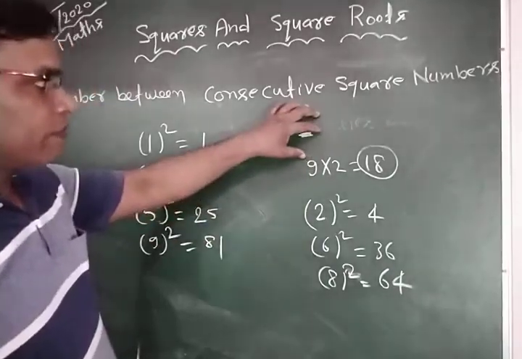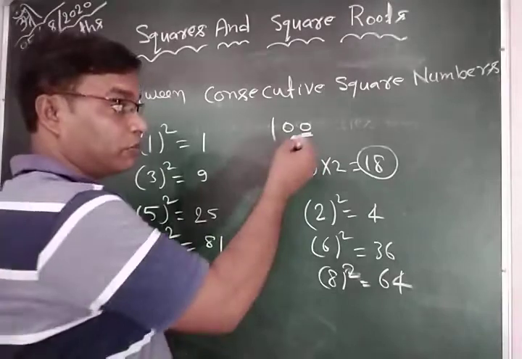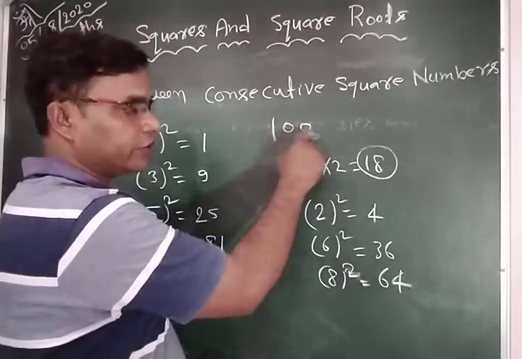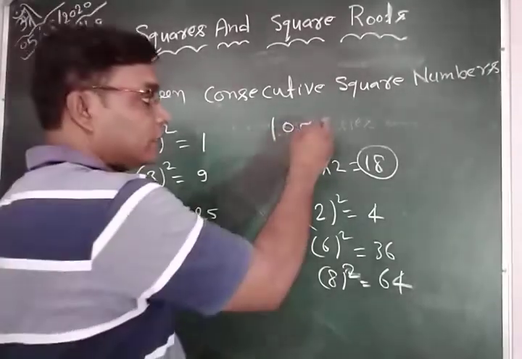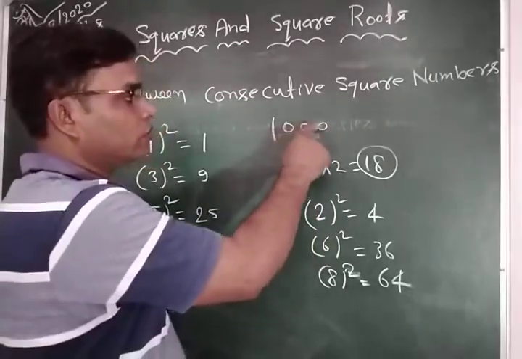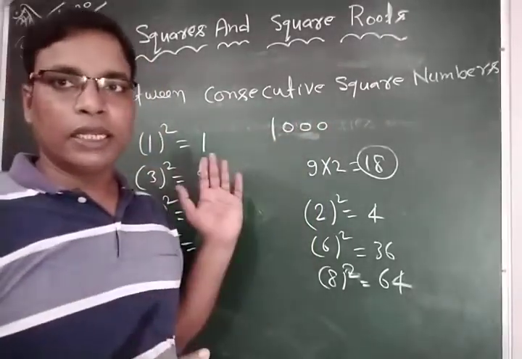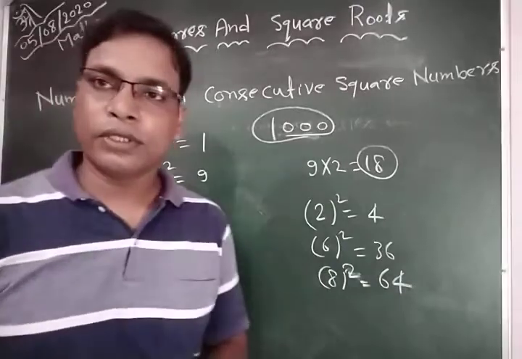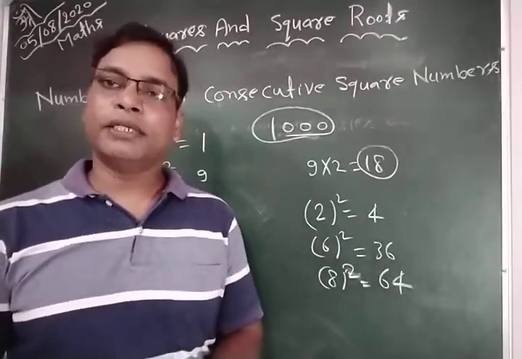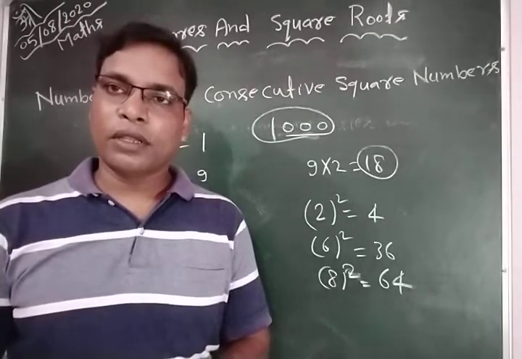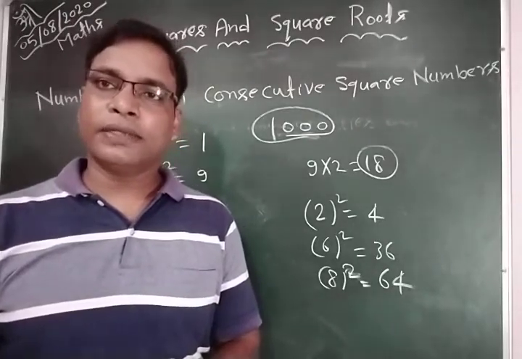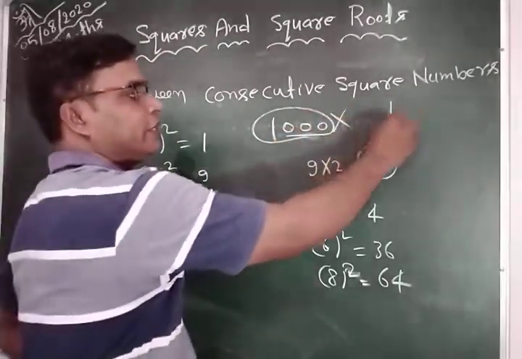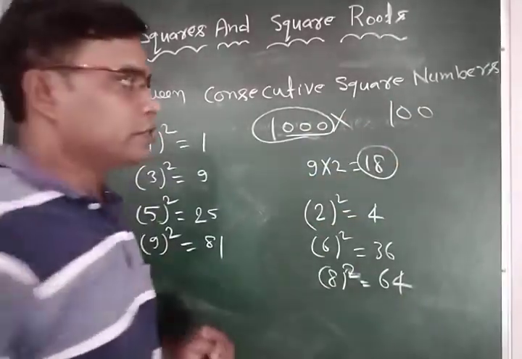So this is a perfect square, because the number of zeros is even. If the number of zeros is odd, then it is not a perfect square. Here the number of zeros is odd, so this is not a perfect square. But here in 100, the number of zeros is even, so this is a perfect square.